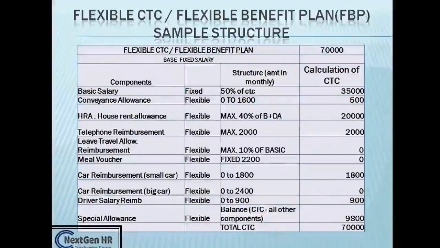Similarly, house rent allowance, it is maximum 40% of basic and DA, and usually this component is opted at the rate of 40% itself, and it will not be further reduced, and there is no scope for increasing because maximum 40% of basic and DA is exempt as per the IT rules for non-metro cities, and for metro cities it will be 50%.